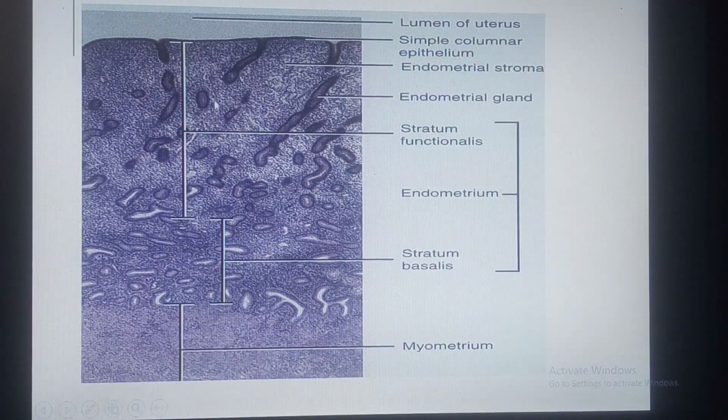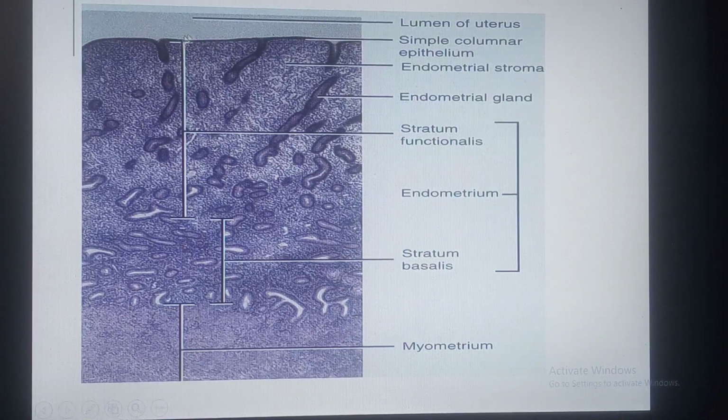Now, the endometrium has 2 main divisions. We have what we call the functional layer or stratum functionalis, and of course the stratum basalis, the basal layer. During menstrual flow, it is the functional layer which is shed periodically every month.